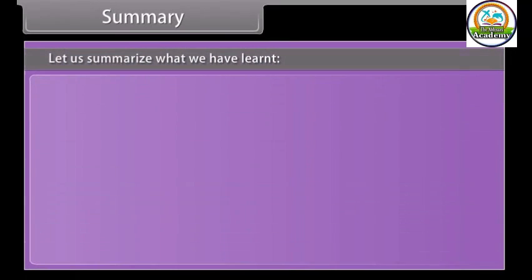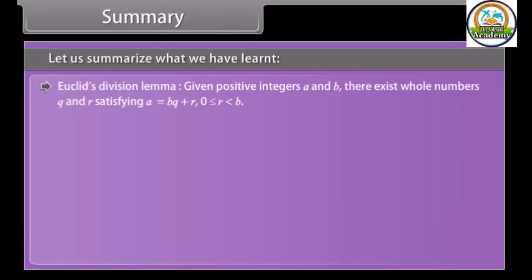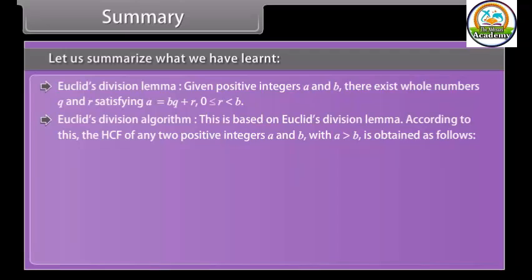Summary. Let us summarize what we have learned. Euclid's division lemma. Given positive integers a and b, there exist whole numbers q and r, satisfying a = bq + r, 0 ≤ r < b. Euclid's division algorithm.